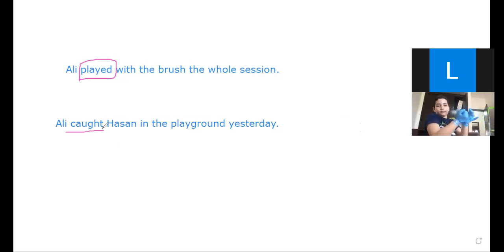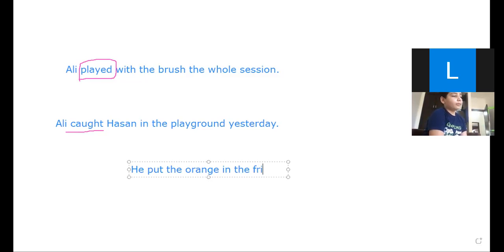So I have two types of verbs that I have to deal with in the simple past tense. Verbs that follow the rules take ed; the verbs that do not follow the rules do not take ed, they change on their own. Either they change completely or some verbs stay the same. Example, he put the orange in the fridge last night.